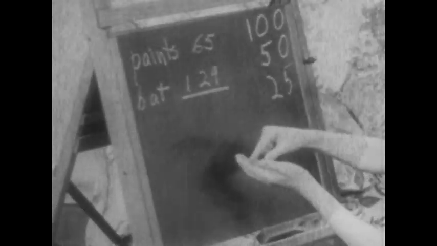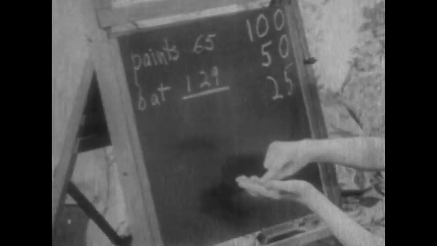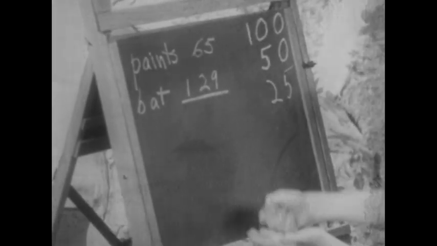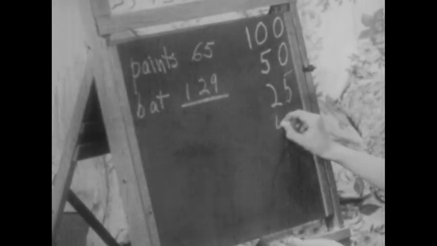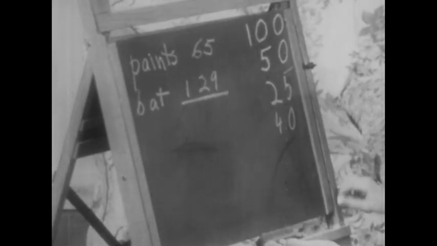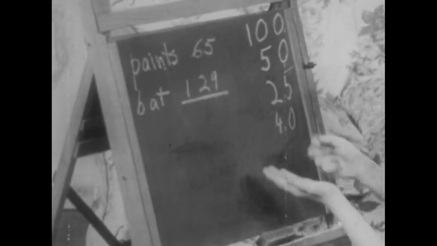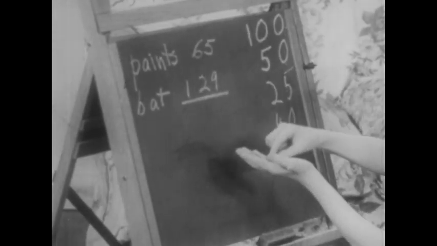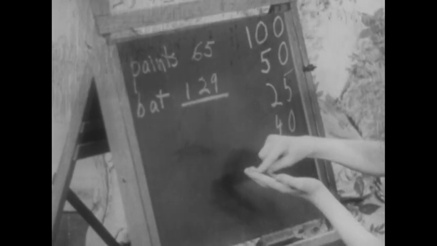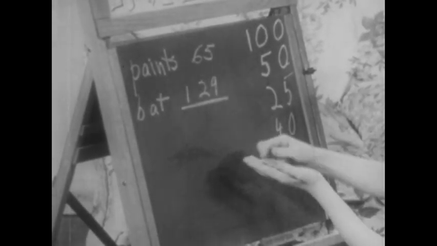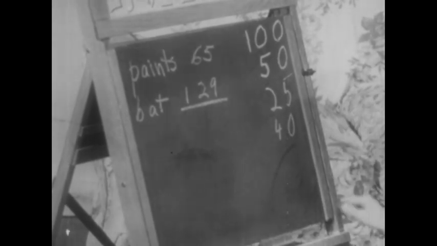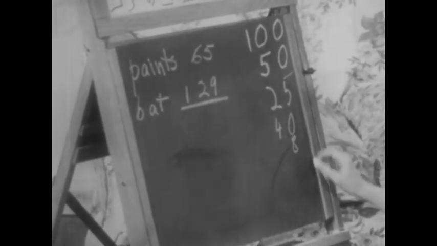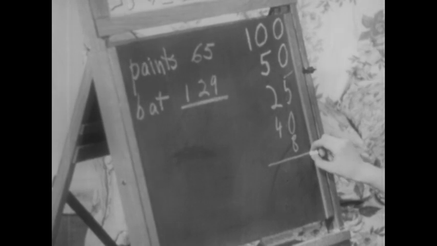And 1, 2, 3, 4 dimes, or 40 pennies. And 1, 2, 3, 4, 5, 6, 7, 8 pennies. Now Billy can add.